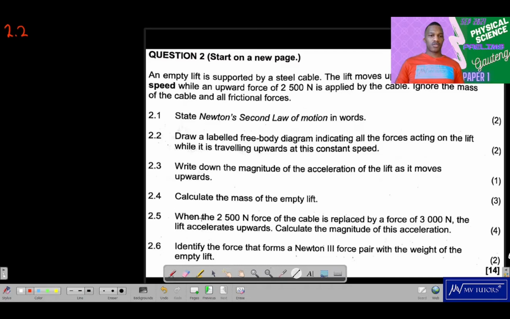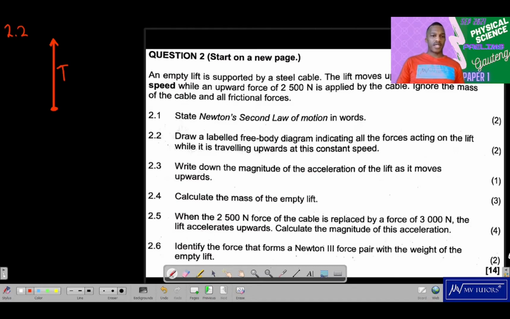There are two forces here. Let's say the object is here. We've got this force going up, and let's call it the tension force. This is the tension in the cable.